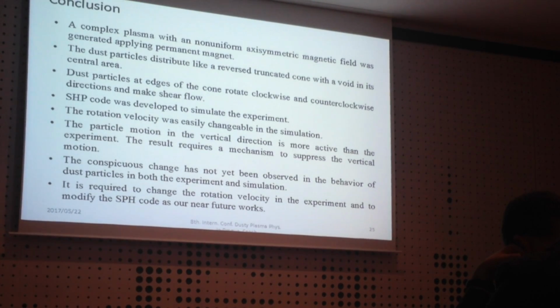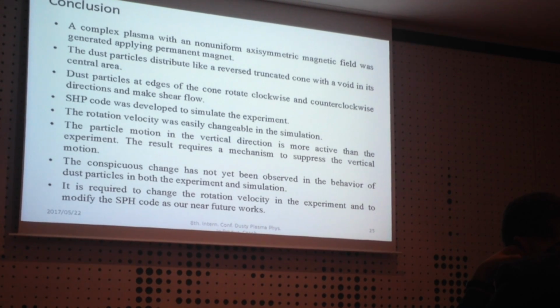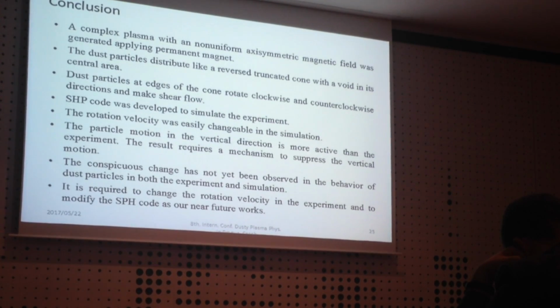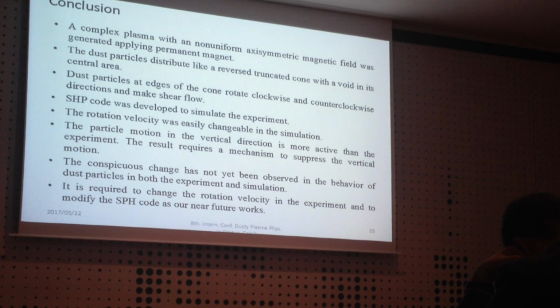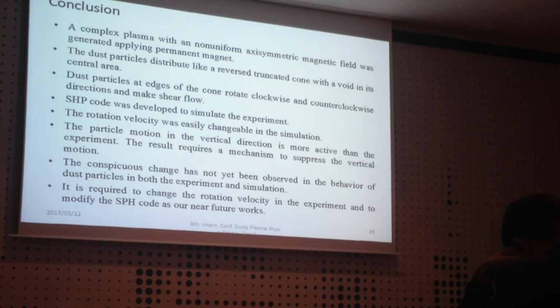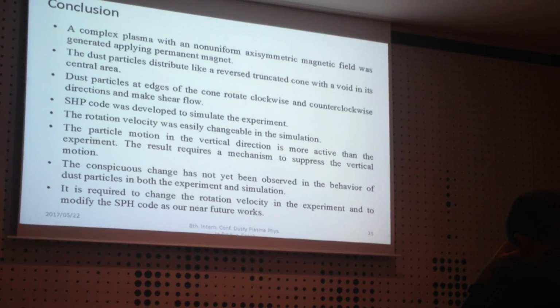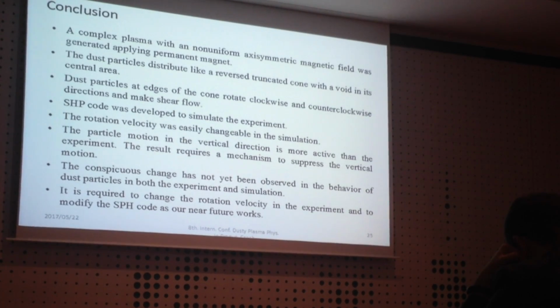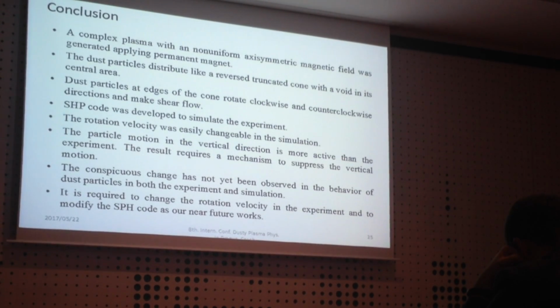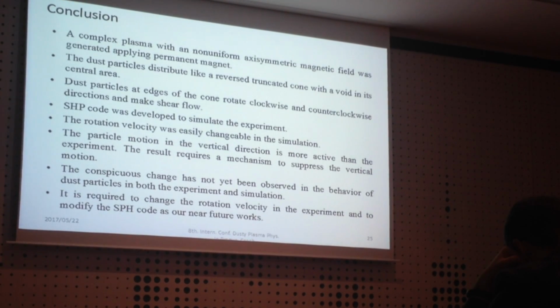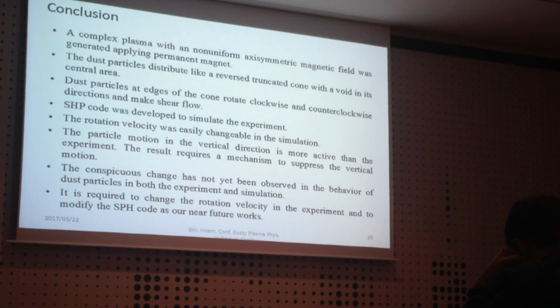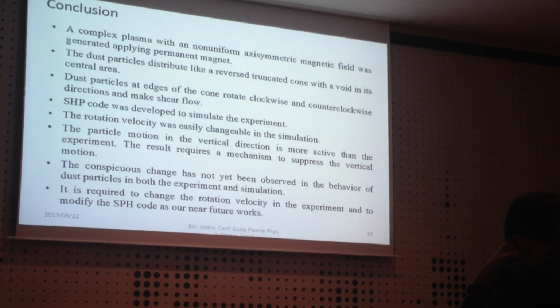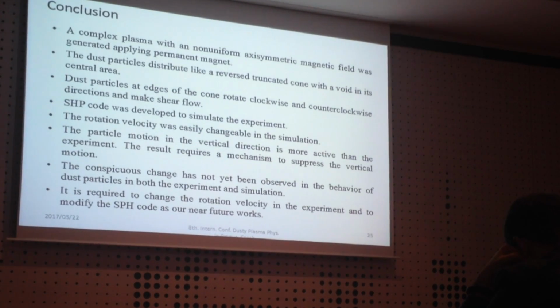Yes, certainly, there are shear flow experiments using a uniform magnetic field, but by adopting the non-uniform magnetic field, it's easier to make the shear flow than in the case of using a uniform magnetic field, I think. So I use the non-uniform magnetic field.